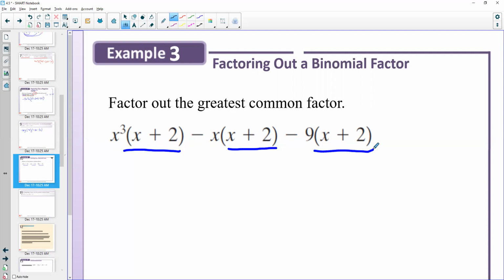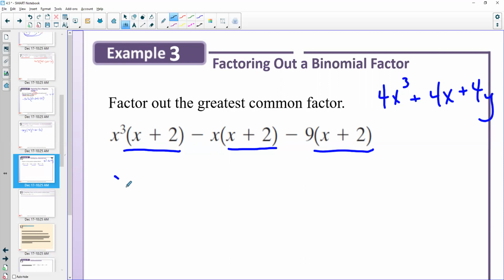If they're all the same, you can just pull them to the front. X plus 2 stands for something. This is a quantity in and of itself. I have it repeated. And if it looked like this, if it was 4x cubed plus 4x plus 4y, the common thing would be 4, right? Everybody's got one. It's not any different here.